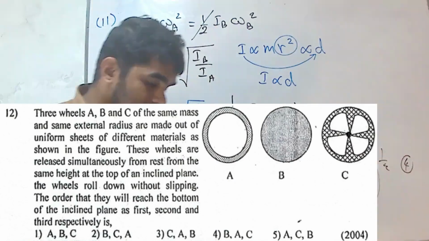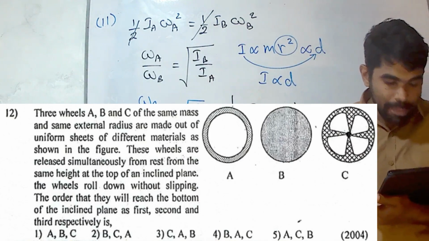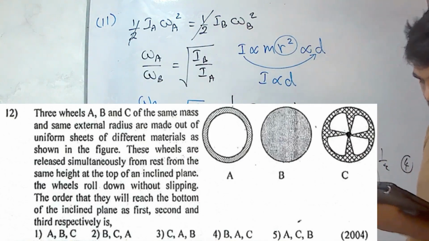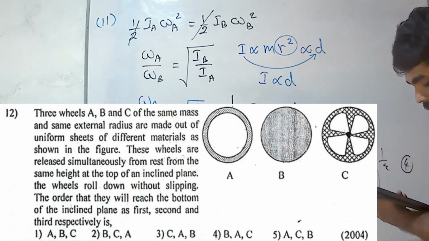Question number 12. Three wheels A, B and C, of the same masses and same external radius, are made out of uniform sheets of different materials as shown in the figure.